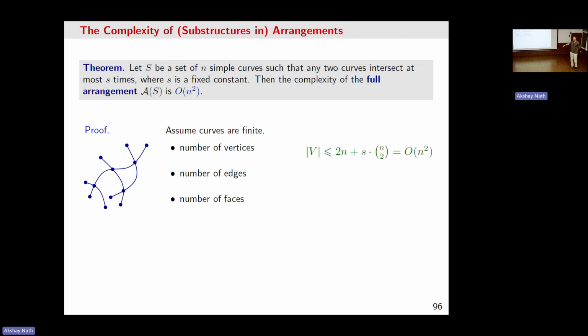And then for the rest, if I put these intersection points, I can see this as a graph whose nodes are endpoints and intersection points. Because I put a node on every intersection, this graph is now planar. And therefore the number of edges and the number of faces is also linear in this number. If you want to be more precise, you can use Euler's formula to do all these things. So this is easy and not so interesting.